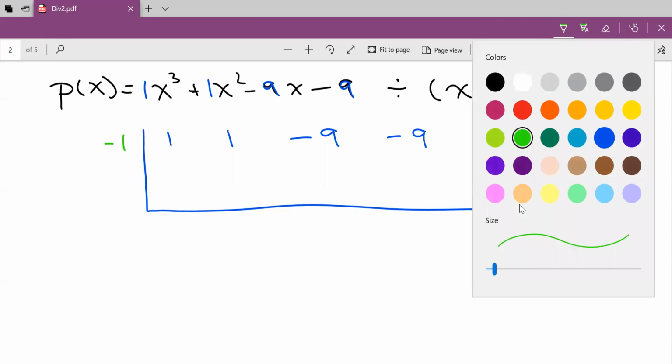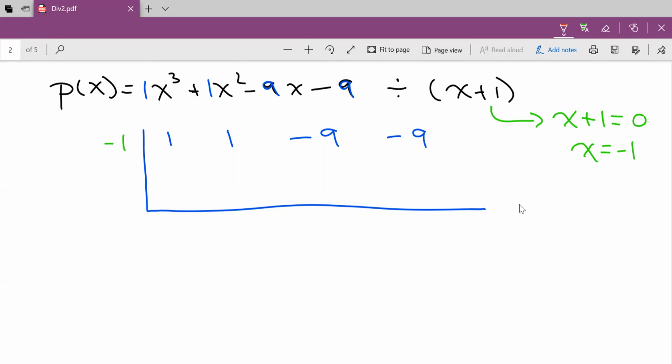Now, here's how this goes. First term, I drop down. It's a 1. Then I say to myself, -1 times 1. That's -1. Then I'm going to add these together. 1 plus -1 is 0.